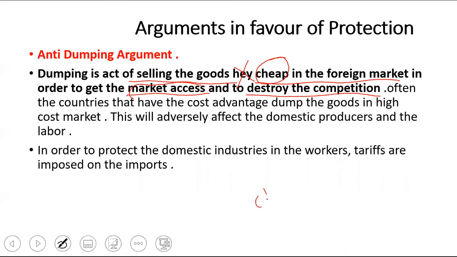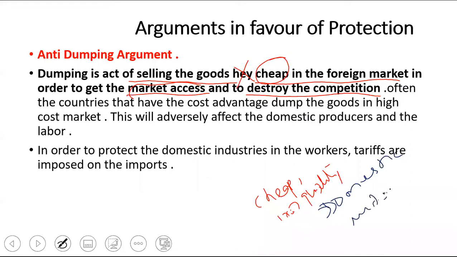Either the products are very cheap, low quality, and this will affect the domestic industry, because the domestic industry cannot sell at such a rate. So the domestic industry will shut down in front of dumping. The countries that have cost advantage dump the goods in the high cost market.